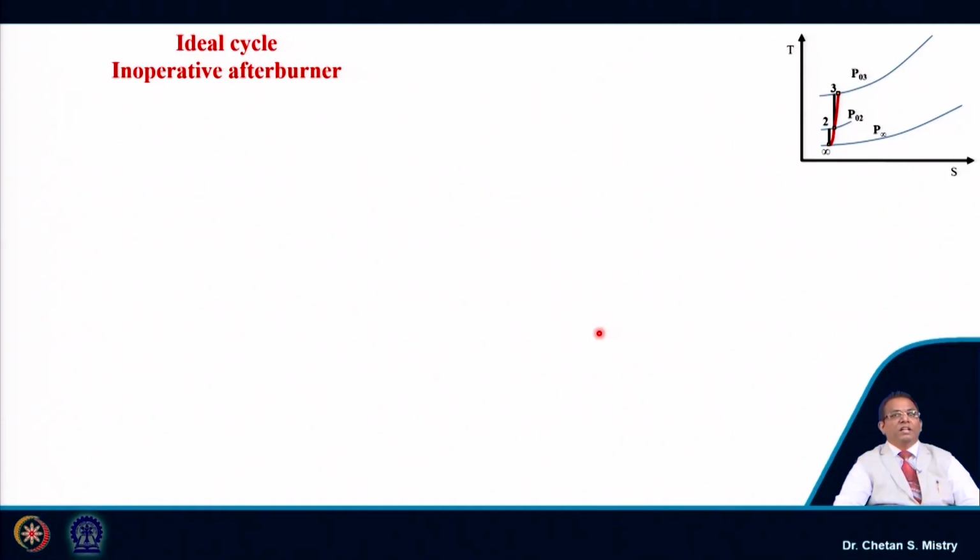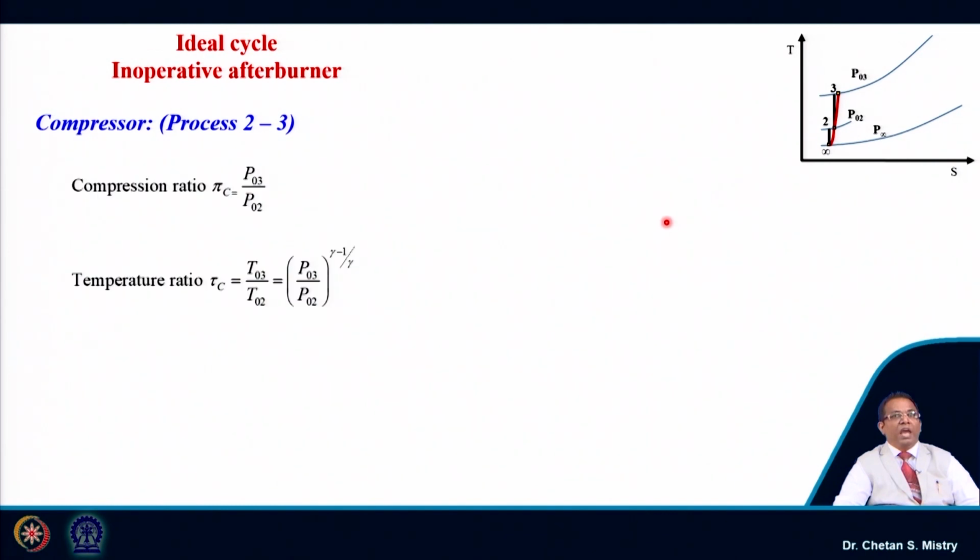Now let us consider the next component, our compressor. The ideal compression process is represented from 2 to 3, and we can write our compression ratio as outlet pressure to inlet pressure, and my temperature ratio is correlated based on the isentropic correlation.